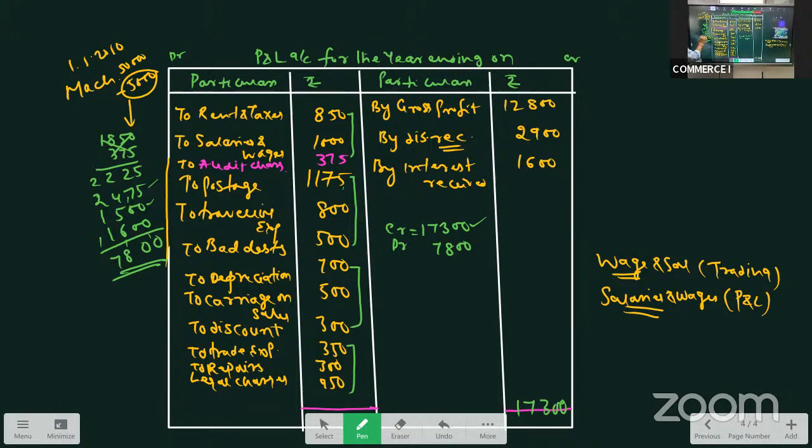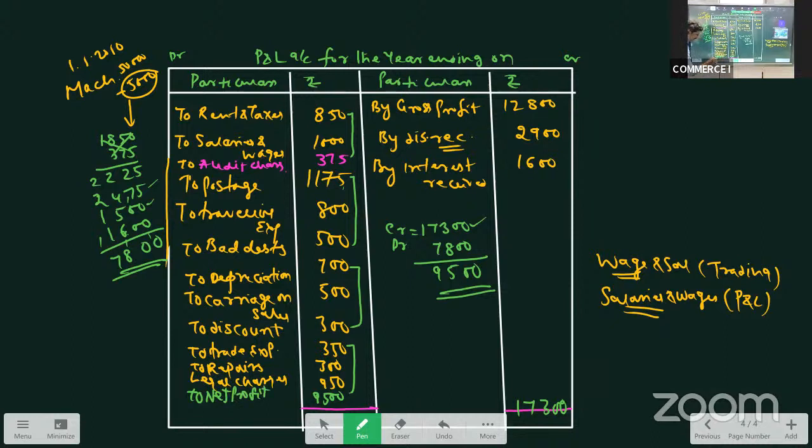We have done it correctly, but somehow we are not getting that answer. So leave it. The balancing figure is 9,500. We write it on the debit side. And what do we call this? We call it net profit.